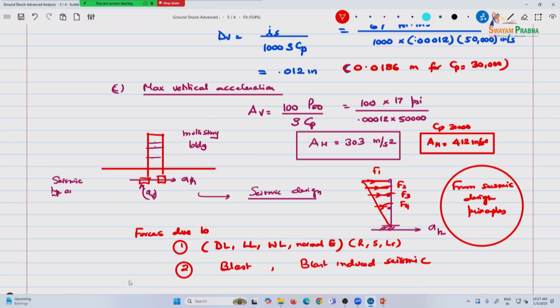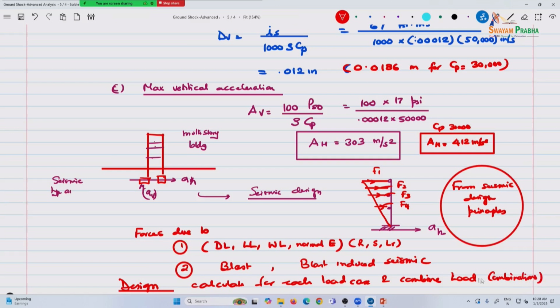So in design, you'll calculate for each load case and combine load combinations. Do them separately.